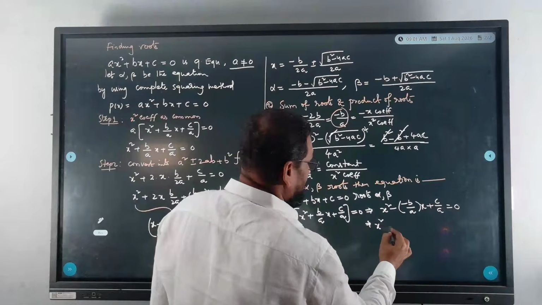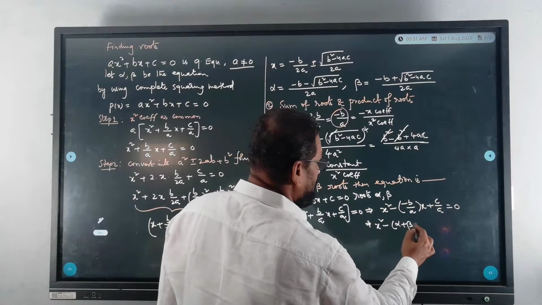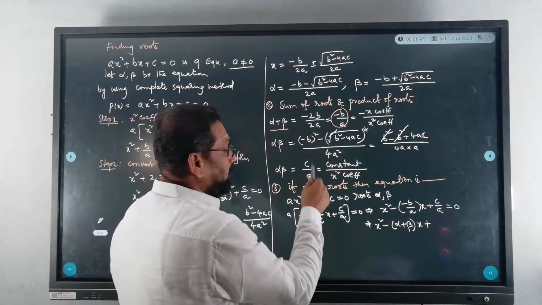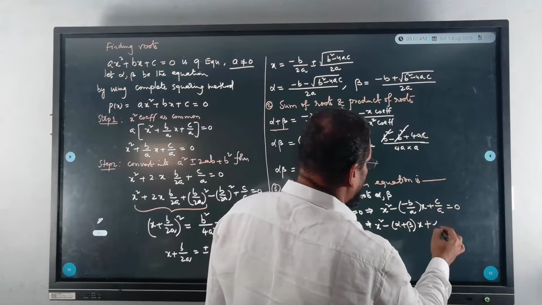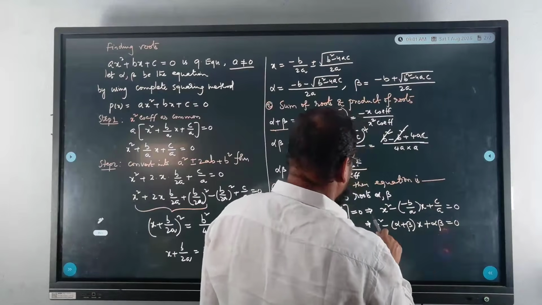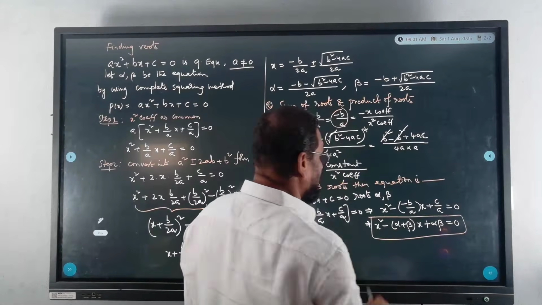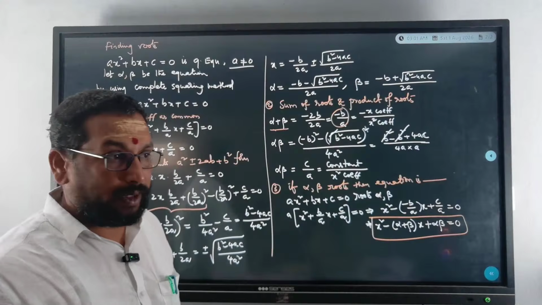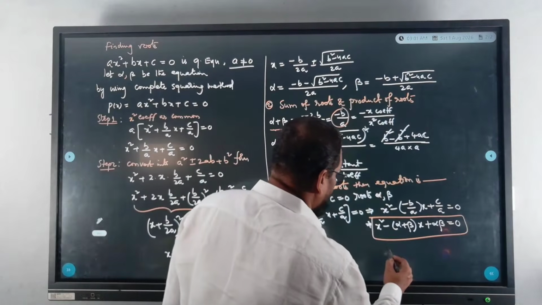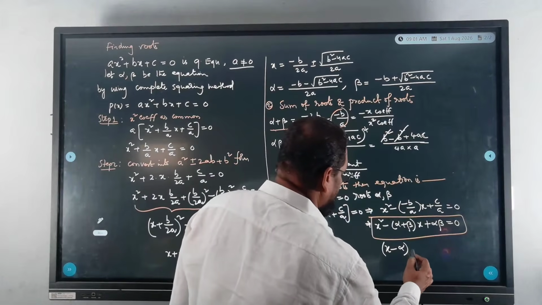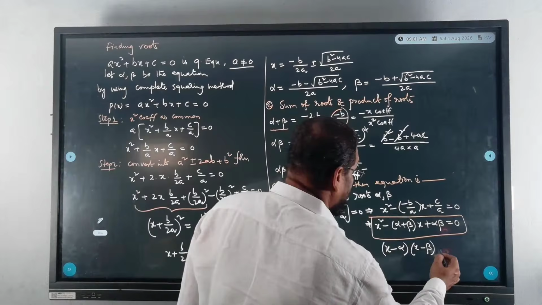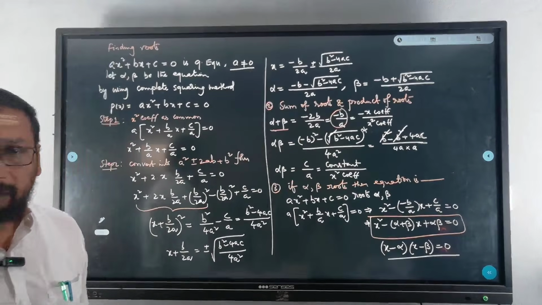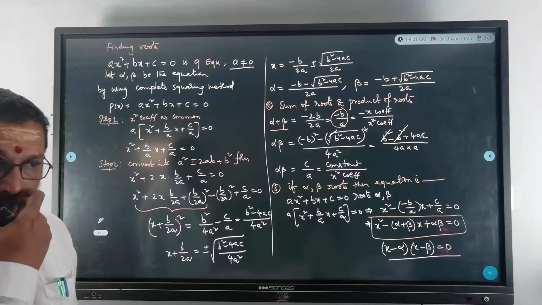So x square minus of alpha plus beta times x, plus, what is alpha beta? C by a. So c by a is replaced by alpha beta. So what is the equation whose roots are alpha comma beta? x square minus alpha plus beta x plus alpha beta. It can be written as x minus alpha times x minus beta equal to 0. Okay na? Note చేయండి, ఫాస్ట్ నోట్ చేయాలి.